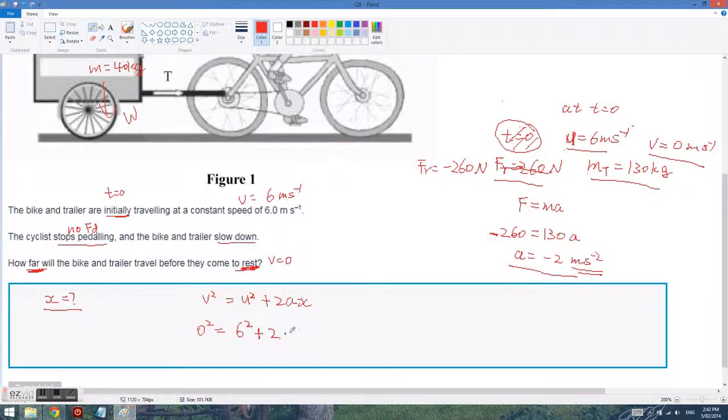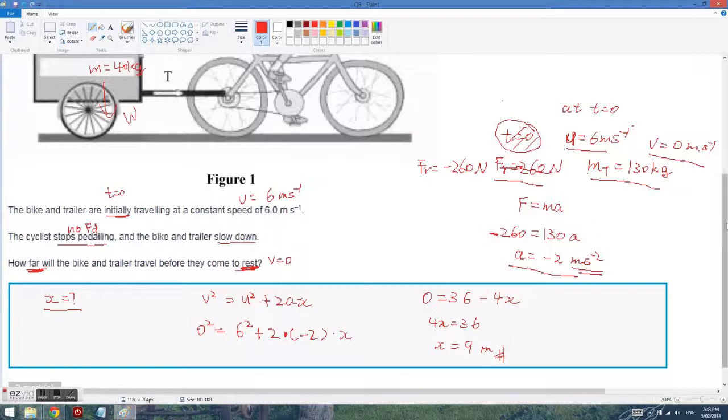Let me do it properly: 2 times minus 2, the dot is a times. Don't forget the minus sign, times x. Then I have 0 equals 36 minus 4x. 4x equals 36. x is going to be 9. And your unit is meters. So that's your answer.